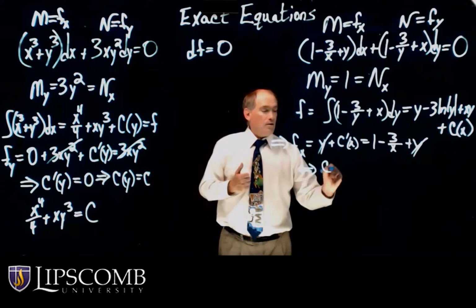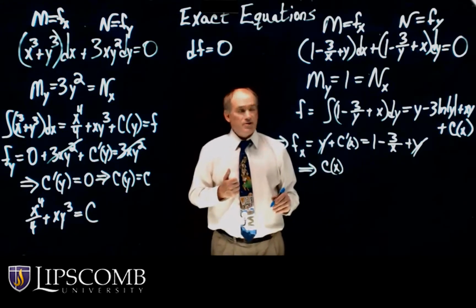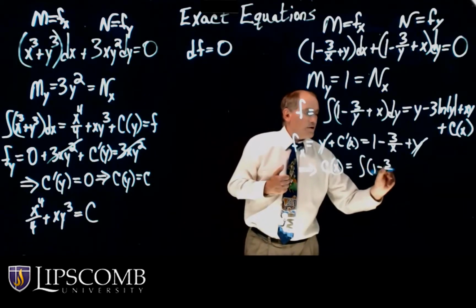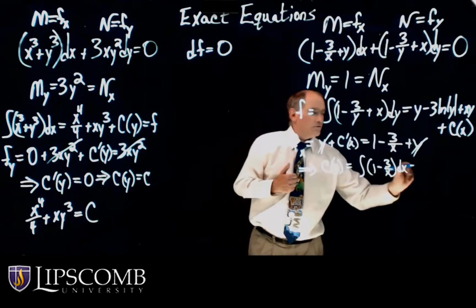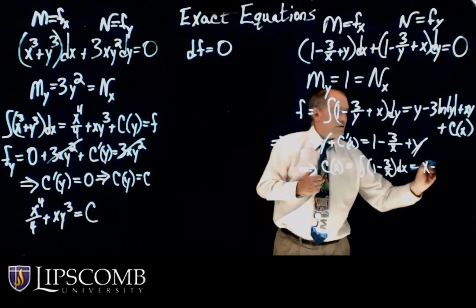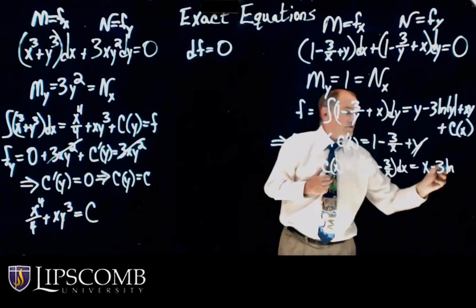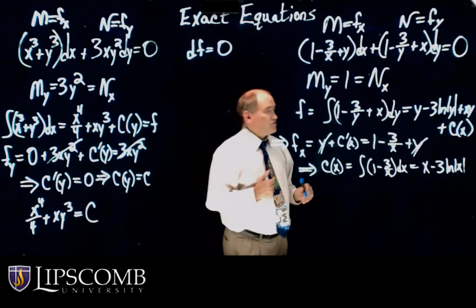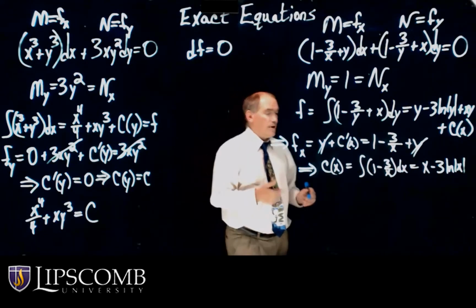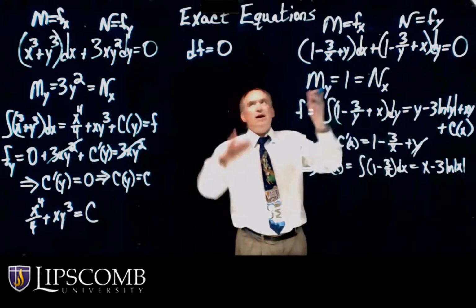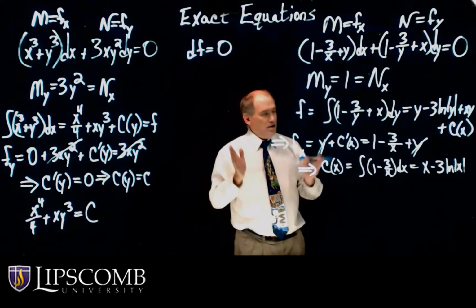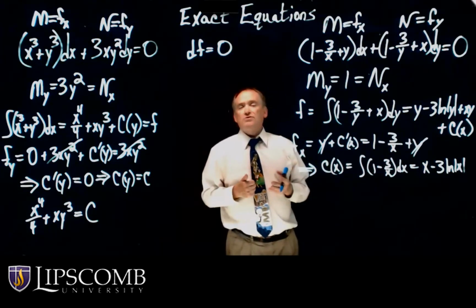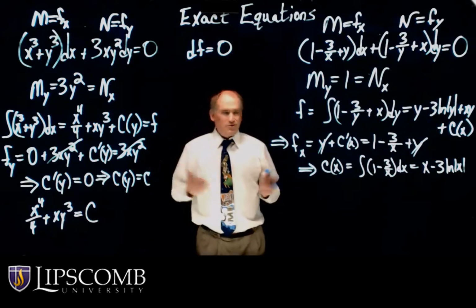So integrate c prime of x gives me c of x, and this would be integrating 1 minus 3 over x dx. So of course I get x minus 3 times the natural log of the absolute value of x plus c, but I'm going to have a plus c on this side anyway. If you put it there, that's fine, but I'm going to have a plus c, and what's an arbitrary constant plus an arbitrary constant? An arbitrary constant.